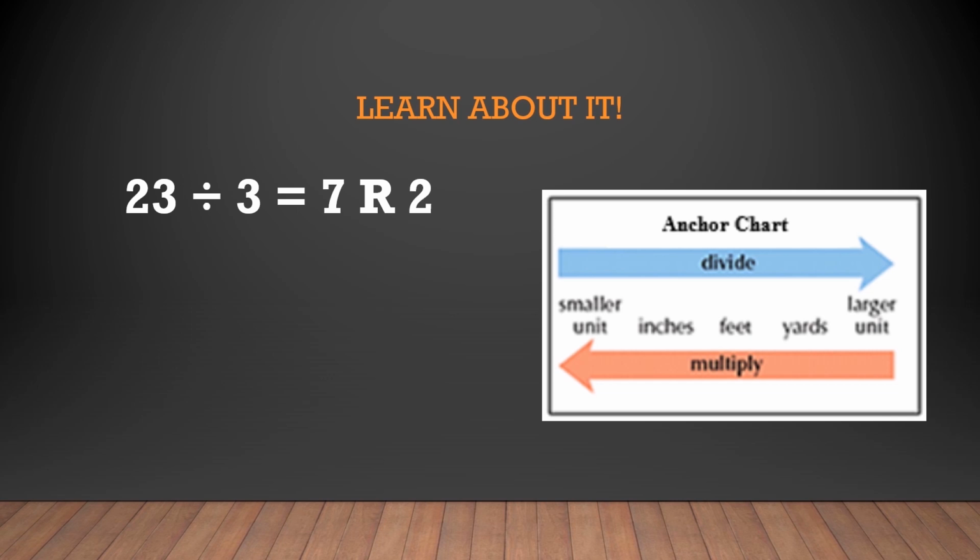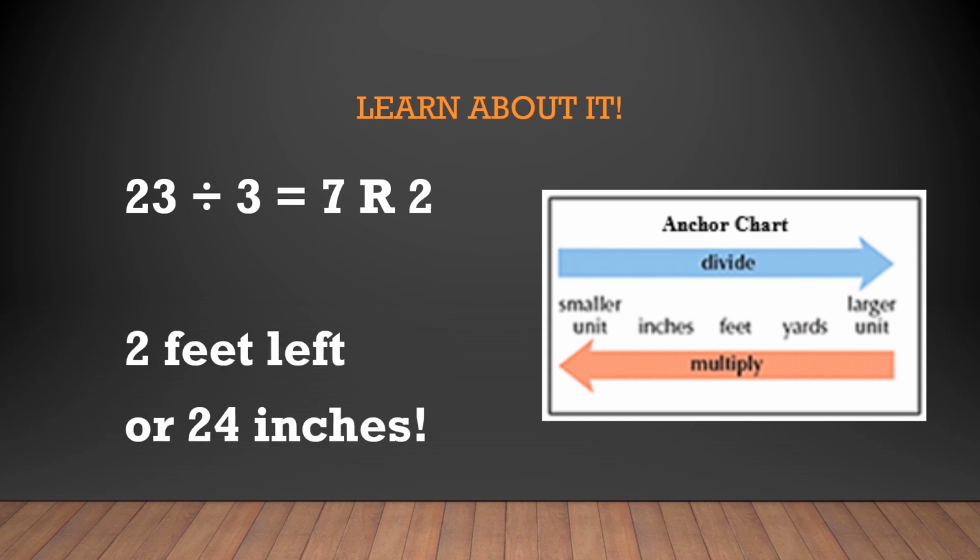So 23 divided by 3 is going to give us 7, remainder 2, like we just saw. So what does that remainder represent? We just said it in the last slide, 2 feet left. Or if we wanted to convert the feet to inches, we take that 2 feet and multiply it by 12 because 2 groups of 12 equals 24.